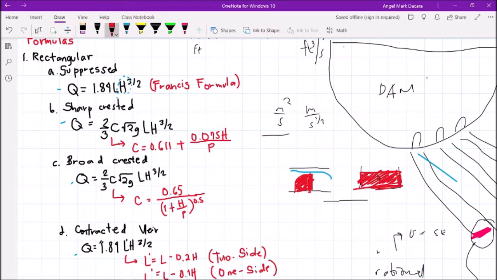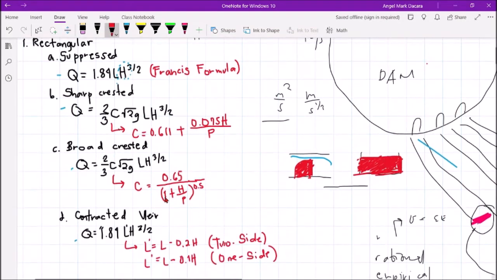Pag naka-front view ka, from dulo to dulo, merong harang dun sa flow. That is suppressed weir. Pag in-specify, gamit ka rin sa mga formula na ito. Pagka suppressed weir ang problem, Francis formula matic.